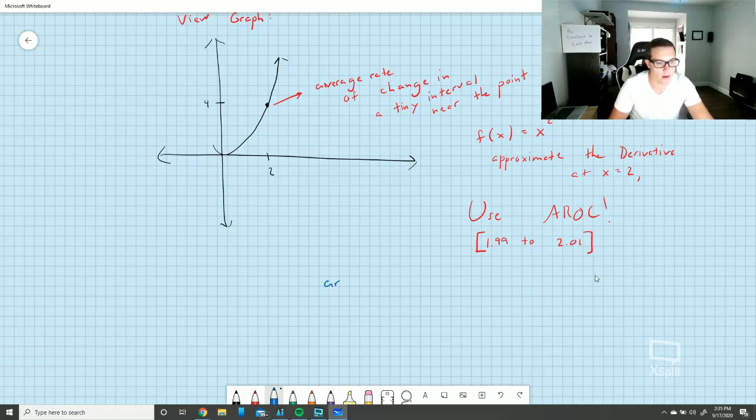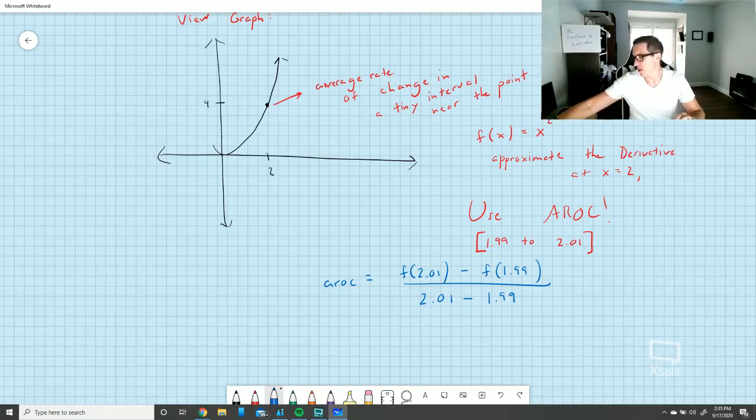So to find the AROC, that's what we did the other day. It's f of 2.01 minus f of 1.99 all over 2.01 minus 1.99.